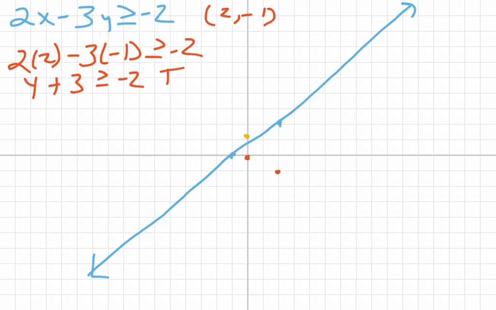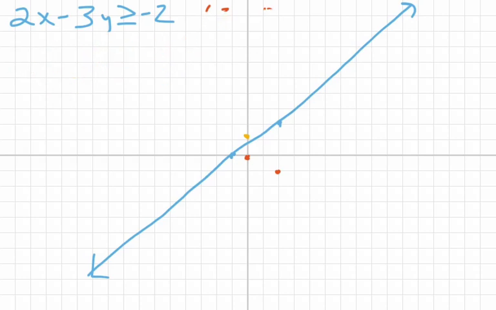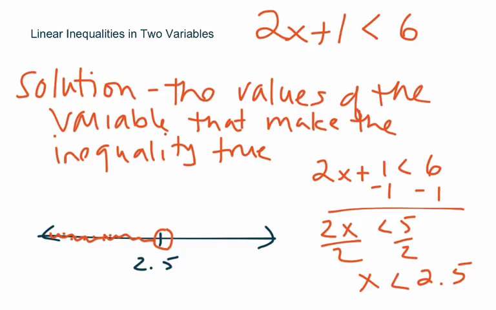Now, what I've done in my classes before when I'm doing an exercise like this is I'll have the class do like 20 points, okay? And what you notice is that all of the points that are true fall on one side of the line, and all of the points that are false fall on the other side of the line, and the line itself is the boundary between the points that are true and the points that are false.